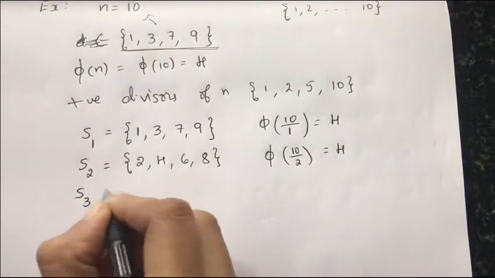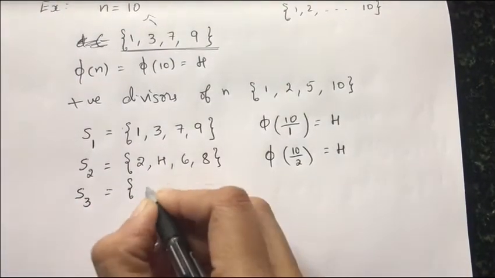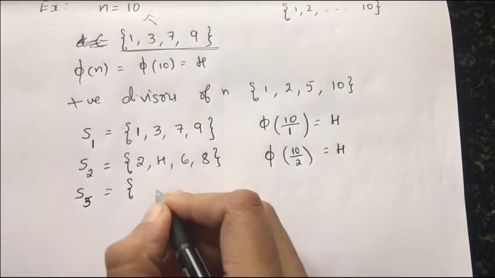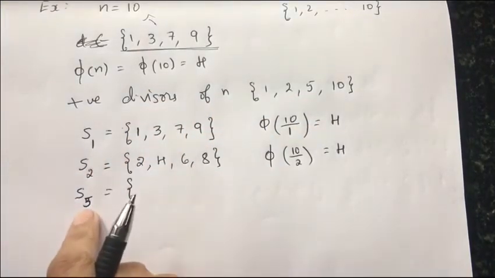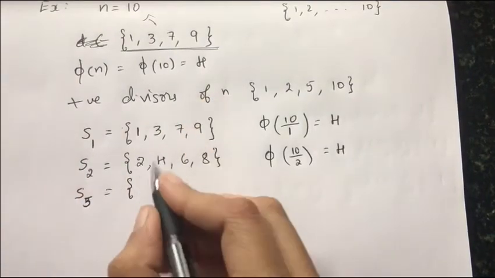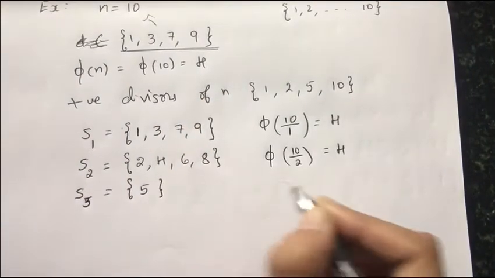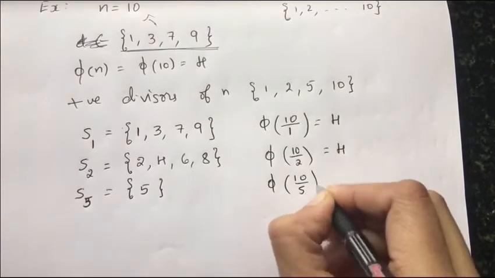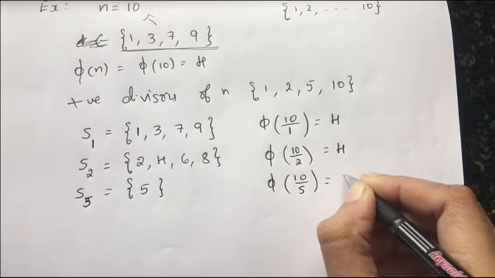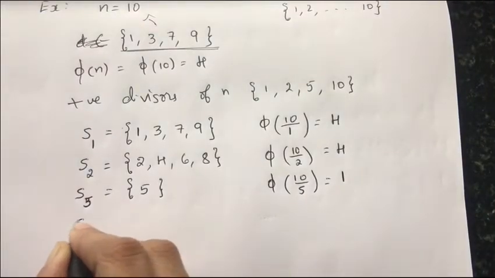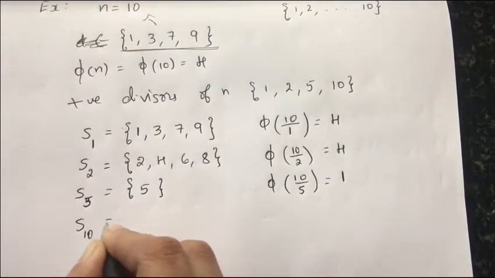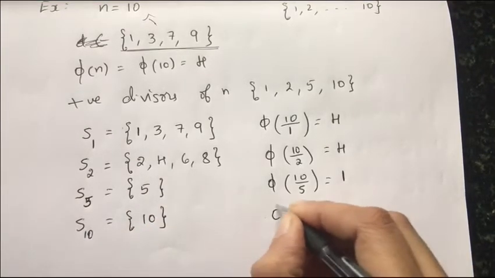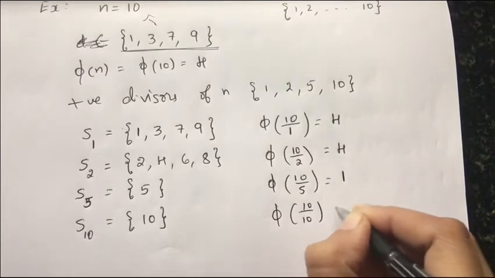Similarly S3, try to do it by yourself. Sorry, not S3, it is S5, which should get the GCD 5, that is only one possibility. And now phi of 10 by 5, that is phi of 2, which is equal to 1. Similarly S10, it's only one number, 10, and phi of 10 by 10 is 1, right?